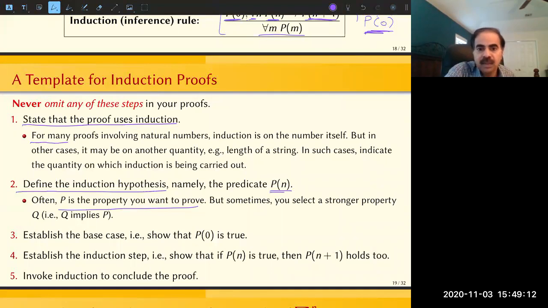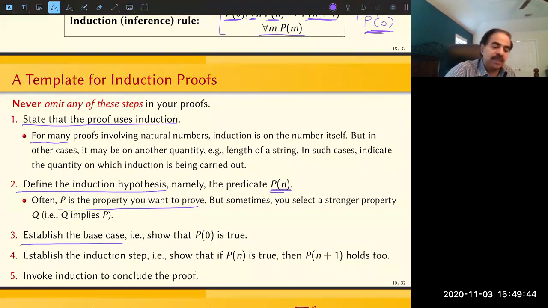As things get advanced, there may be situations where the induction hypothesis may be somewhat different from the property that you want to prove. But once again, you're probably not going to encounter those situations. In 9 out of 10 cases that you'll encounter, your induction hypothesis is going to be exactly the same as the property that you want to prove.